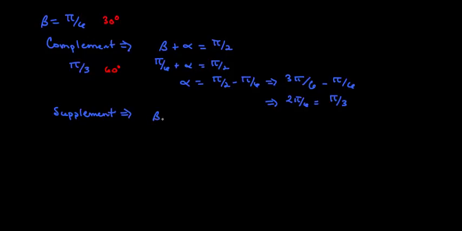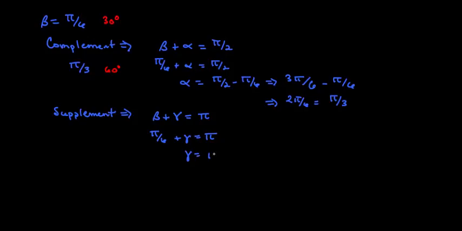So beta plus some other angle, let's call it gamma, has got to be equal to 180 degrees if they're supplements. So it's got to be equal to just pi radians, right? So beta, in terms of radians, is pi over 6 plus some angle is equal to pi. That's what we want.